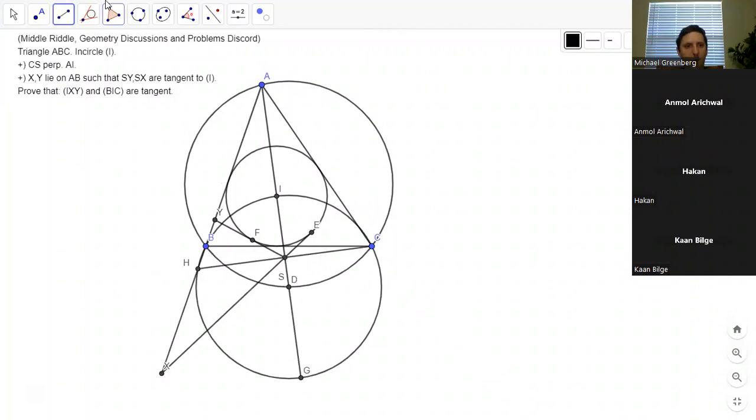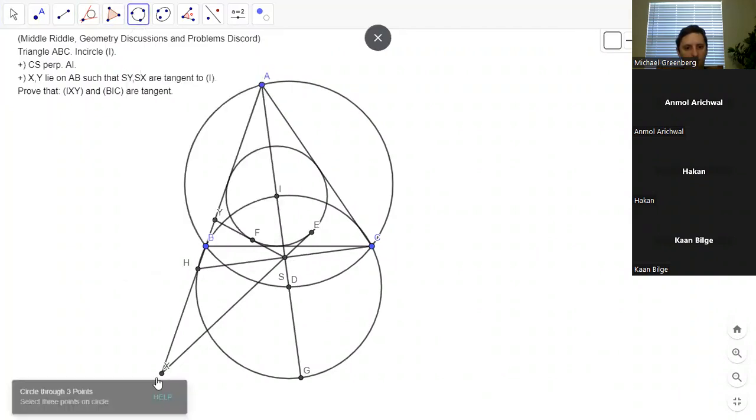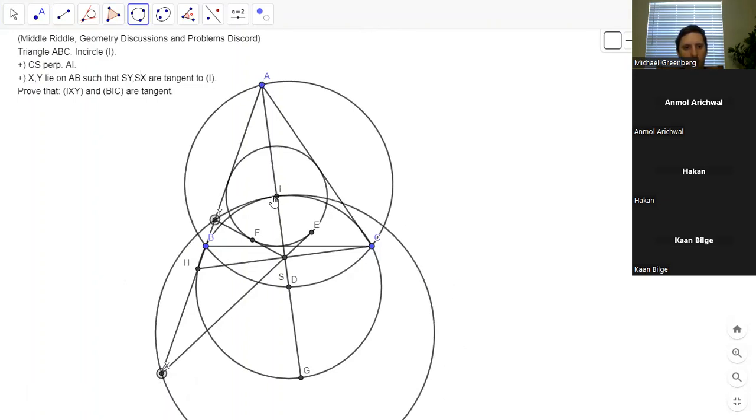Okay. And once we know that's harmonic, does that make it easy?